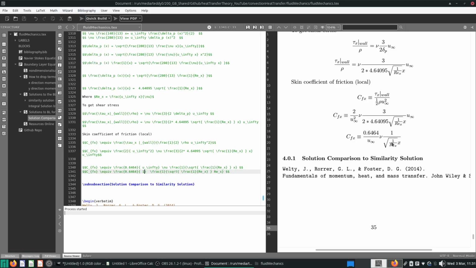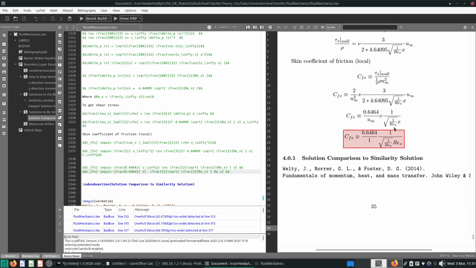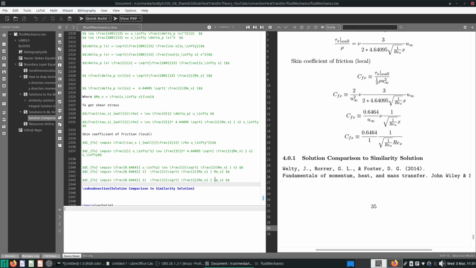This is the weirdest looking fraction I've ever seen, but I'll just leave it as it is. Then after that, you just have the square root of the Reynolds number at the bottom, and that's the skin friction coefficient, and that's how we derive it.